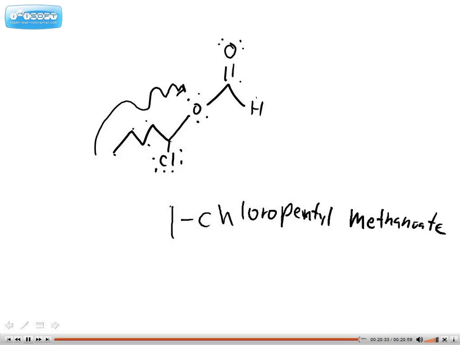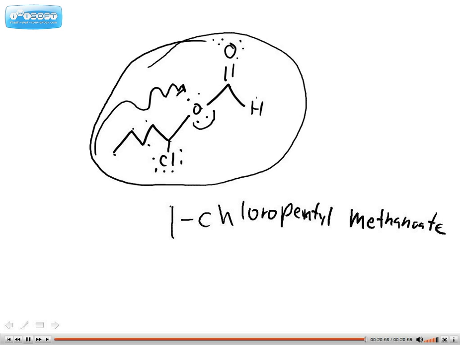Methanoate. Notice this can be really tricky. This is not an aldehyde because there's a carbonyl group and a previous alcohol group that is on here. So this is a classic example of a really hard carboxylic acid ester. I love this one as a bonus one. It's one of my favorites.